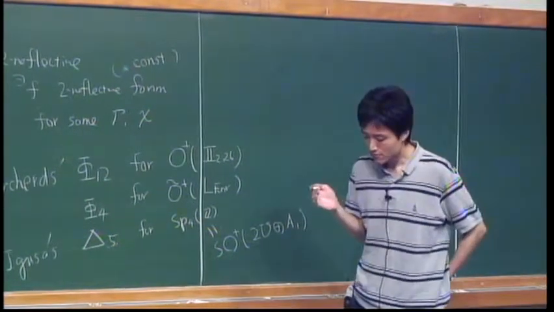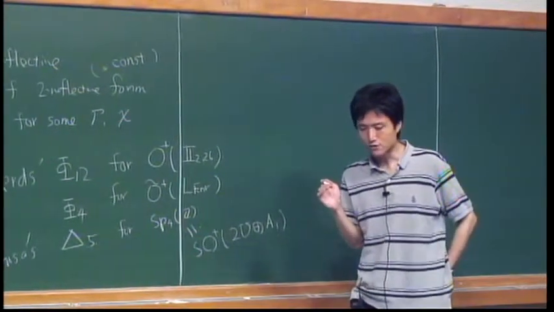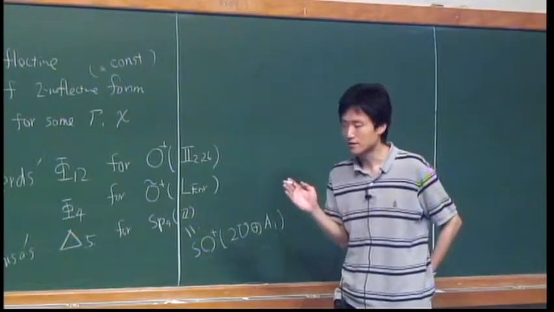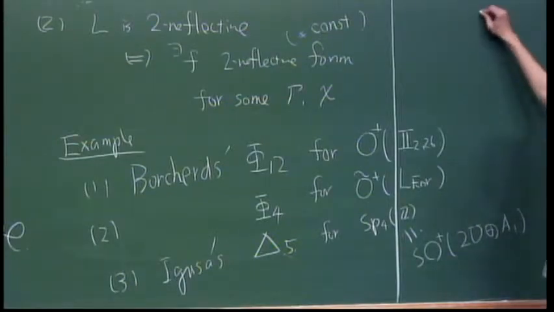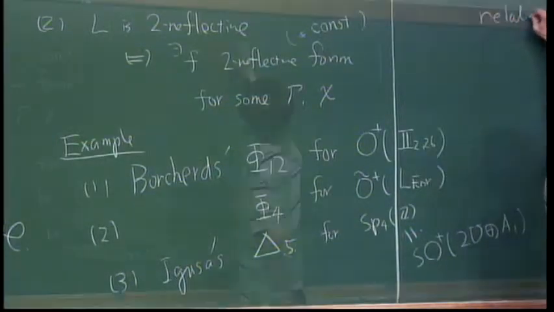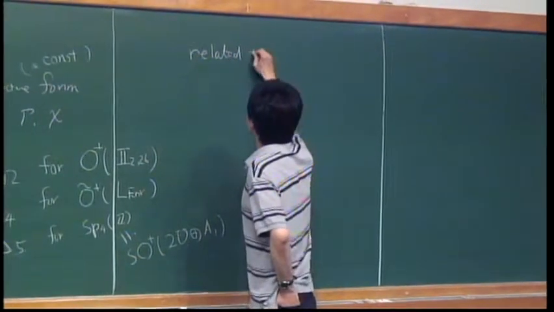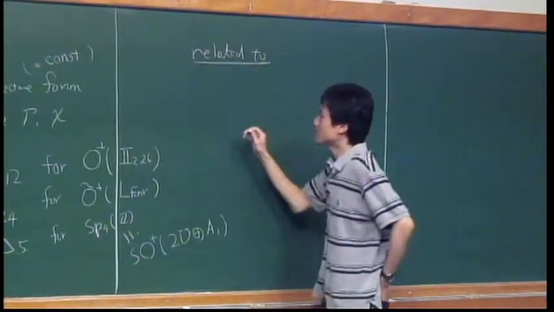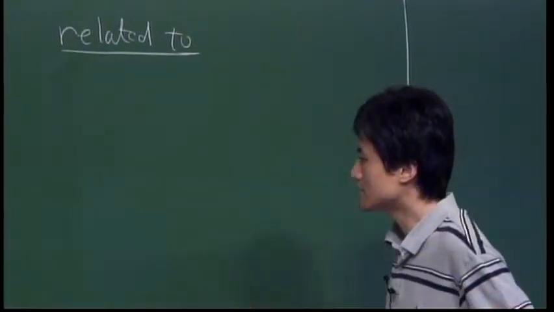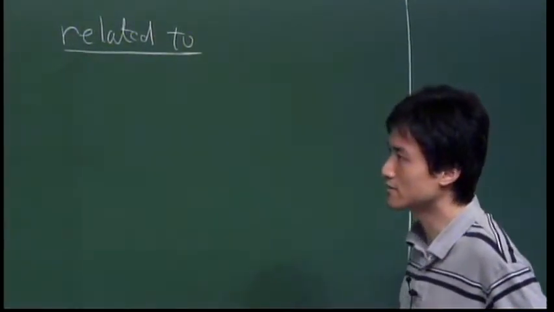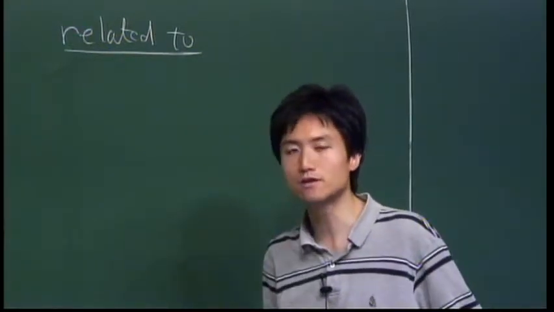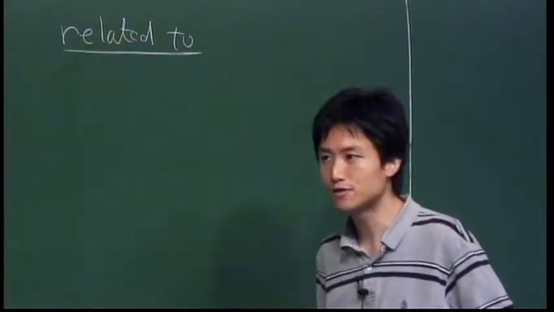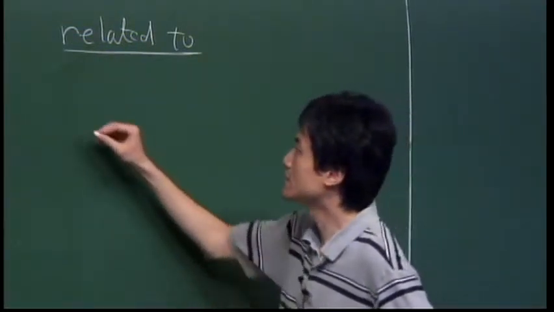But today I would like to concentrate on the most basic case, the 2-reflective case. And there are some hints that reflective or 2-reflective forms are related to exceptional and interesting orthogonal groups.